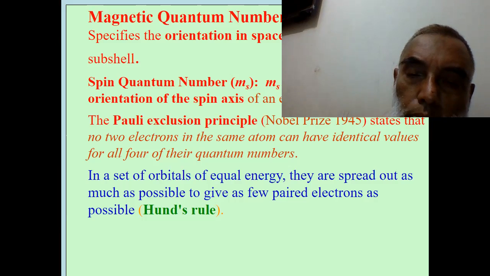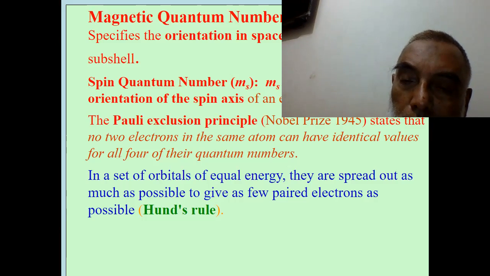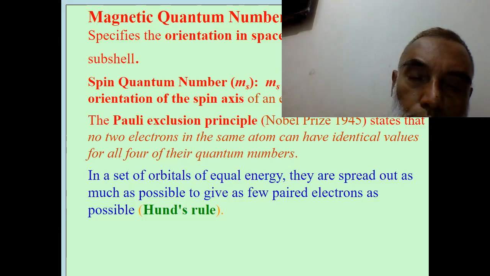Pauli, who got the Nobel Prize for the Pauli exclusion principle, expressed that no 2 electrons in the same atom can have identical values for all 4 quantum numbers.